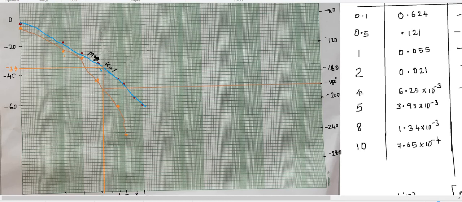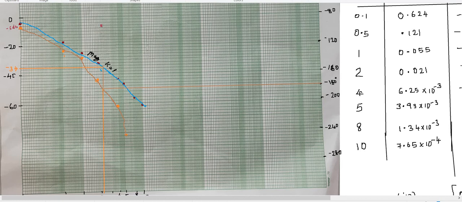Corresponding to omega pc, at 2.1, when the magnitude is minus 6, that is approximately this point. Corresponding to this point, the magnitude is minus 6 dB.